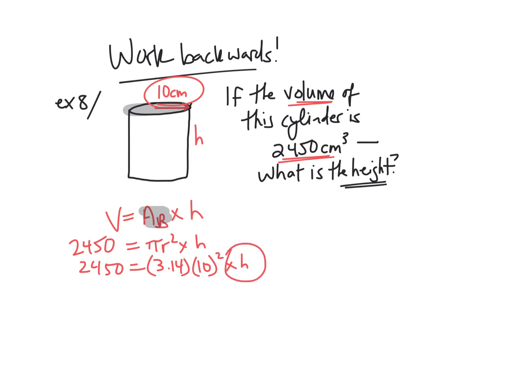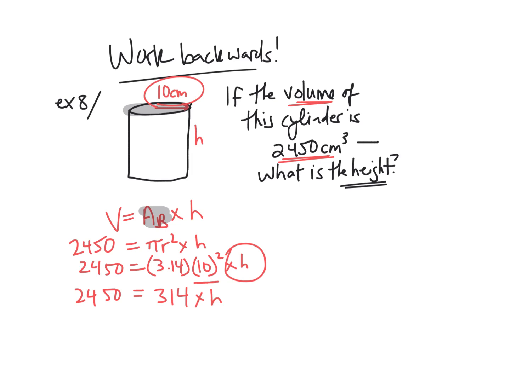So h is being multiplied by all these values, and let's just go ahead and process it. 10 times 10 is 100. This part is 100. And then 3.14. So it's going to end up being 314 times h, according to my use of 3.14.